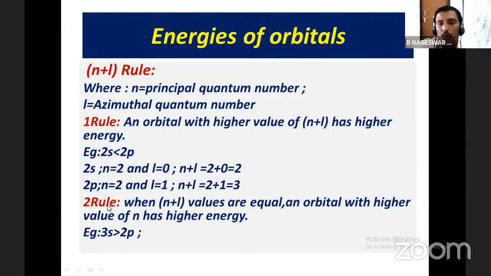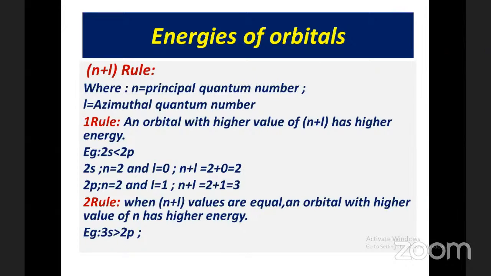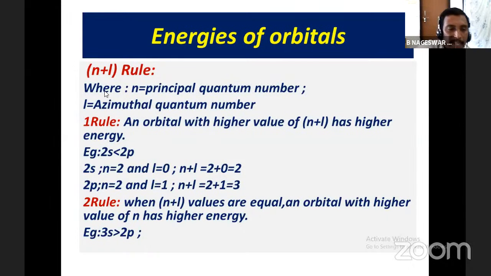Next, rule 2. Suppose some atomic orbitals have the same value of n plus l. Suppose we take 3s and 2p. For 3s, n is 3 and l is 0, so 3 plus 0 is 3. For 2p, the l value is 1, so 2 plus 1 is equal to 3.